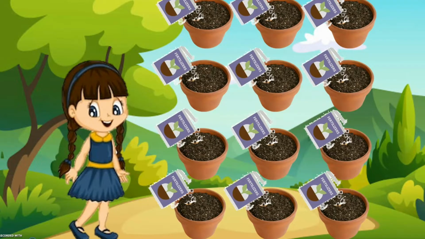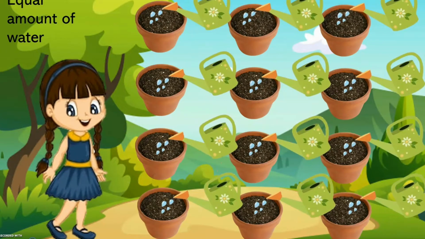She treated all planted tomatoes with 5 grams of organic fertilizer. And then, she watered all 12 pots with an equal amount of water and separated them into 4 groups. This is the first group, second group, third group, and the fourth group.